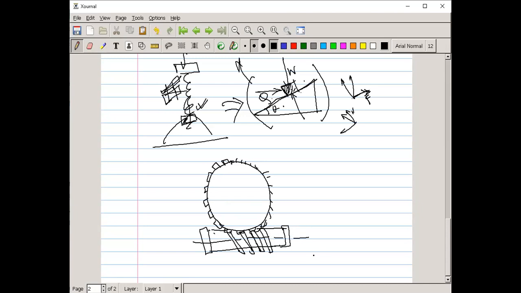The question is, you have to apply some moment or torque on this gear, that is called the worm gear.